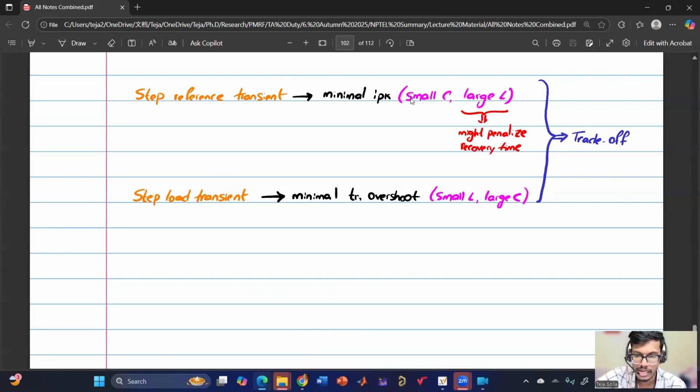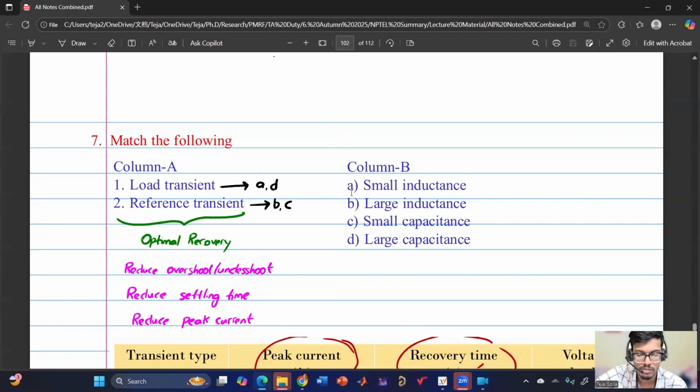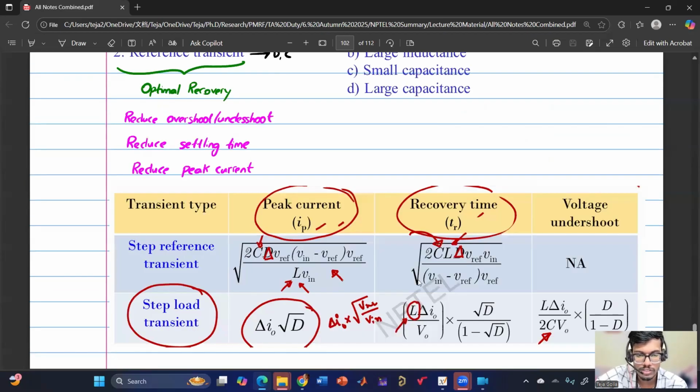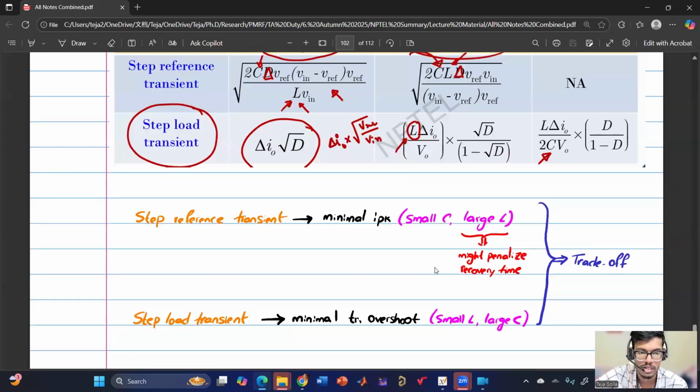So you will get a decent transient response and a near time optimal load transient response. Accordingly, you have to choose inductance and capacitance. So there is always a trade-off. We used this matching to identify the trade-off, see where it is coming from, and get more understanding about which type of inductance and capacitance needs to be used for optimizing which transient response.